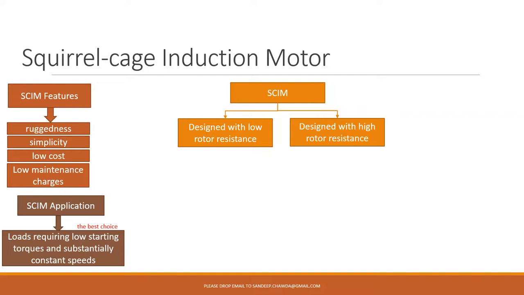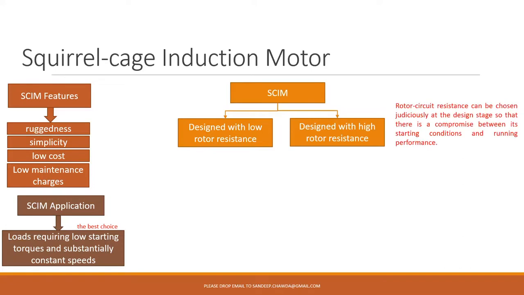Somewhere you must balance it. What should be the value of resistance? If it is extremely low, the starting torque would be very poor. If it is very high, the starting torque could be quite high.